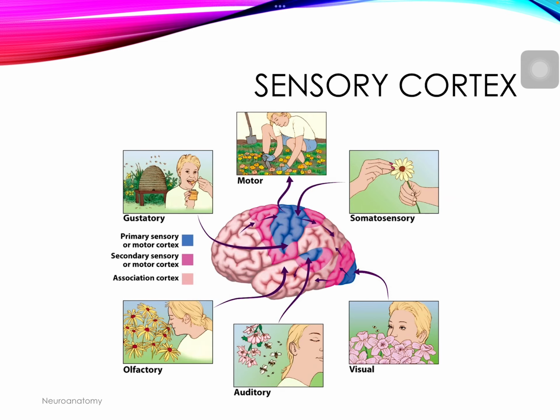Here, of course, is the sensory cortex. You can see that it's sectioned off based on motor versus sensory, like somatosensory. The association cortex is all this lighter pink here, and we can see, for example, that it is involved in olfactory.